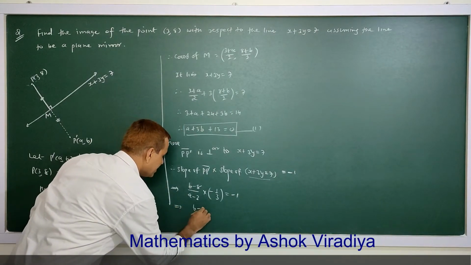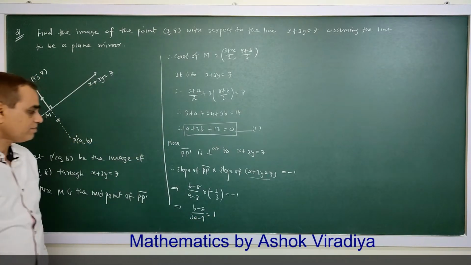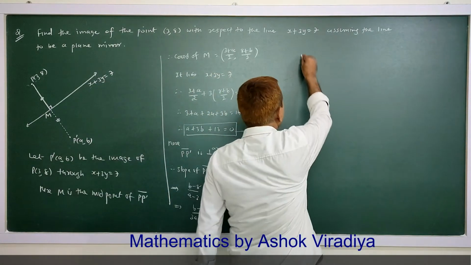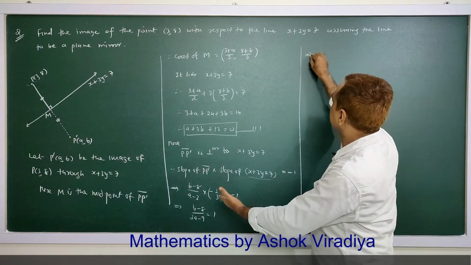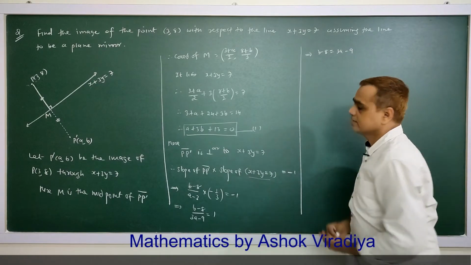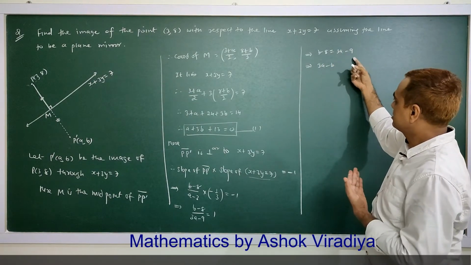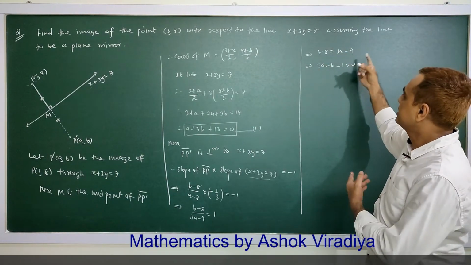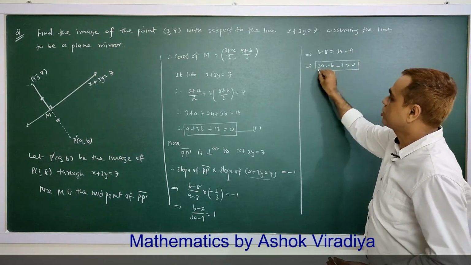So (b - 8)/(a - 3) times -1/3 equals -1. The minus signs cancel, so (b - 8)/(3(a - 3)) is 1. So b - 8 = 3a - 9, that is 3a - b - 1 = 0, since -8 - ... minus 9 gives minus 1. This is the second equation.